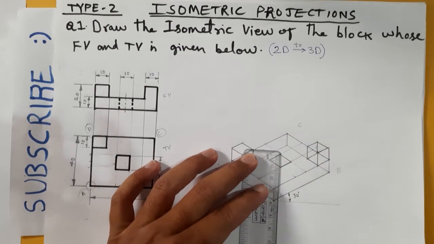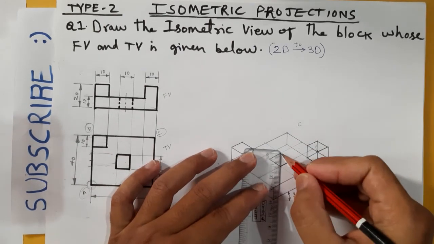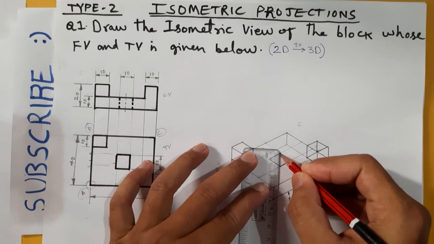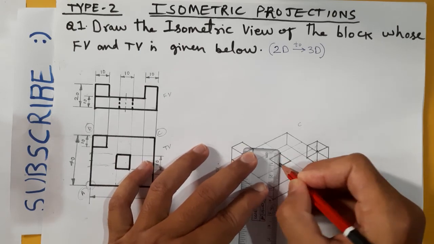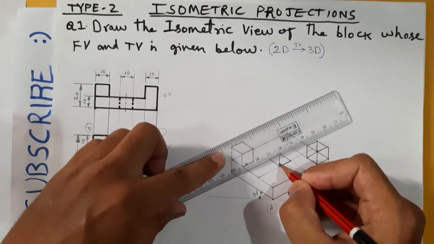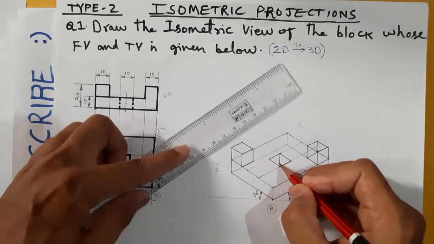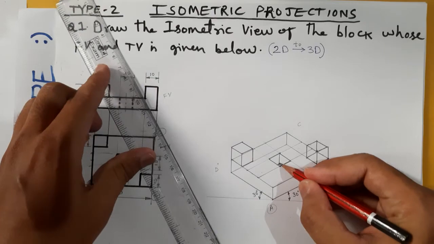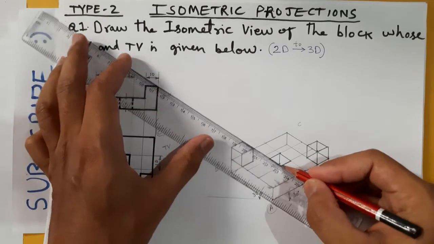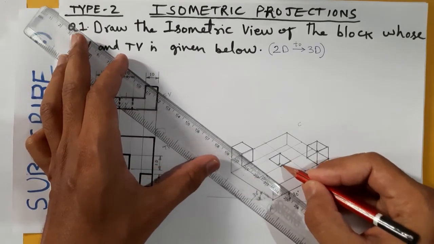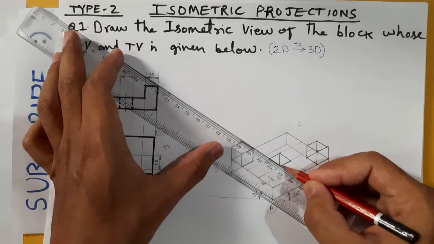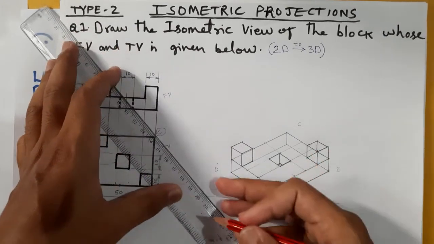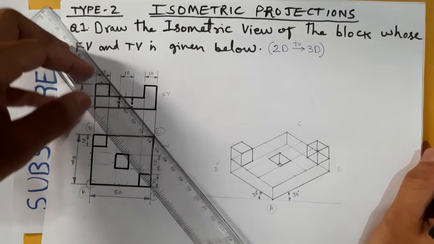So if you go like that, 10 millimeter will be somewhere touching to this here. Okay, then from this point onwards you draw parallel to this from this point here, and from this point parallel to this, from this point you draw like this. So like this we have got the problem.